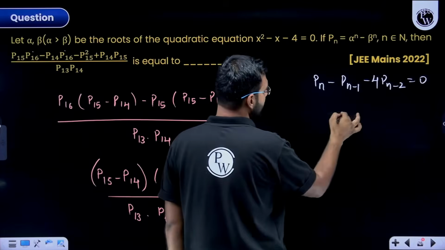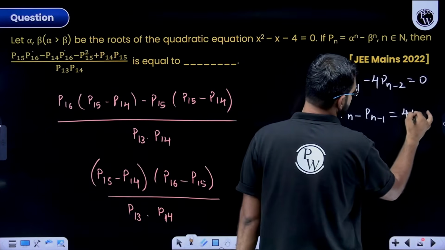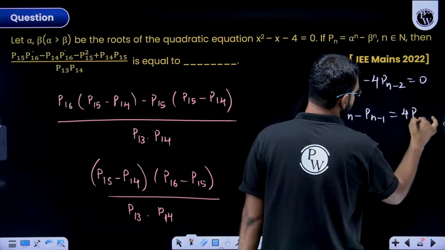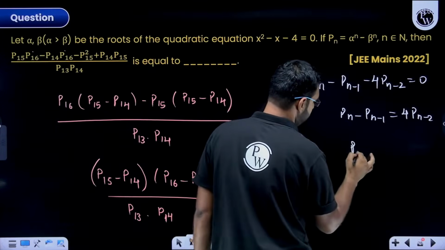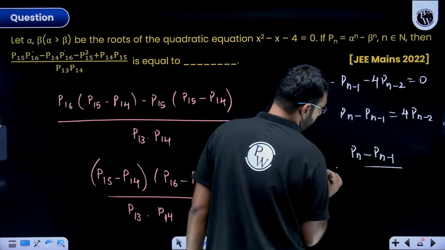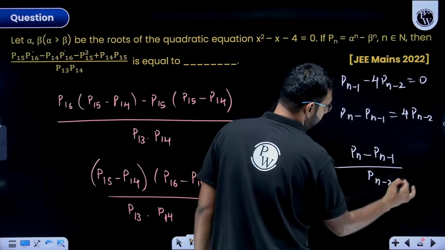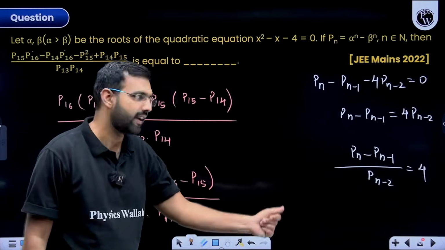With that, if I rearrange it, Pn minus 1 will be 4 times Pn minus 2. If I take this Pn minus 2 on the left hand side, I hope you're understanding Pn minus Pn minus 1 divided by Pn minus 2 will be nothing but 4. I think this expression gives you the final answer within seconds.